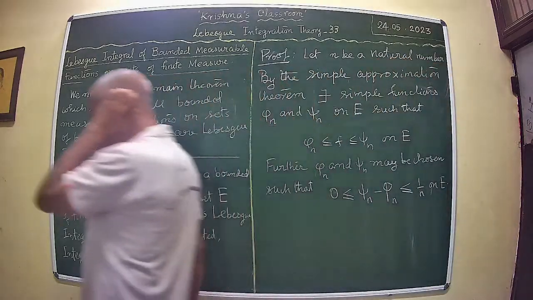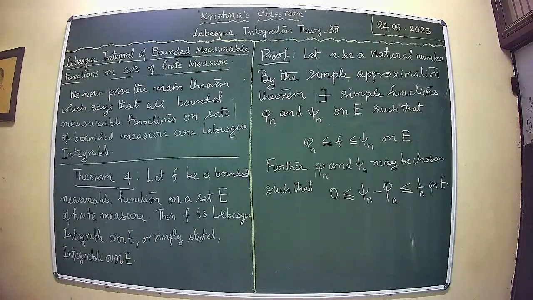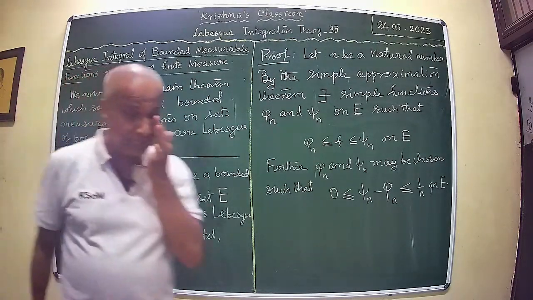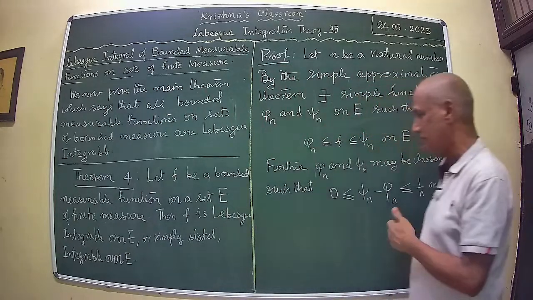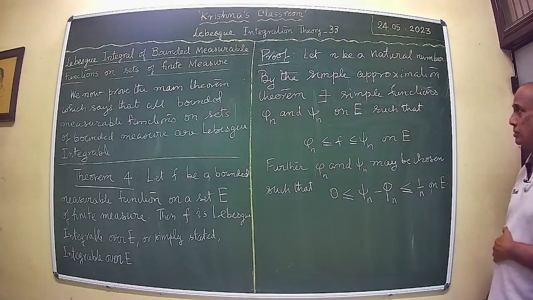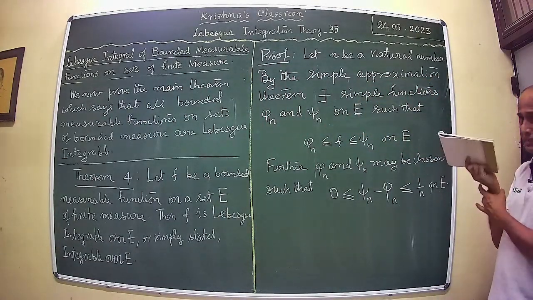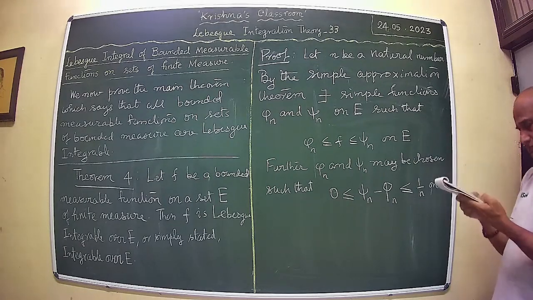So by choosing n large, you can make these approximations as closely as you want with f. That's the point. Now that's the simple approximation theorem that we have proved and discussed earlier elaborately.